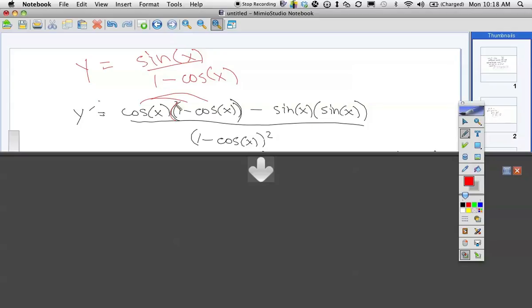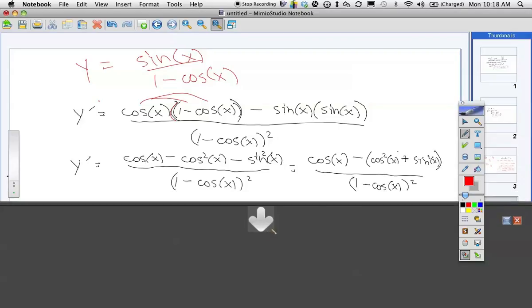I get a cosine x minus a cosine squared minus a sine squared. Now, a lot of you, I think, stopped right here. The only thing that would stop you from going further is recognizing the sine squared and the cosine squared as possibly being a 1.